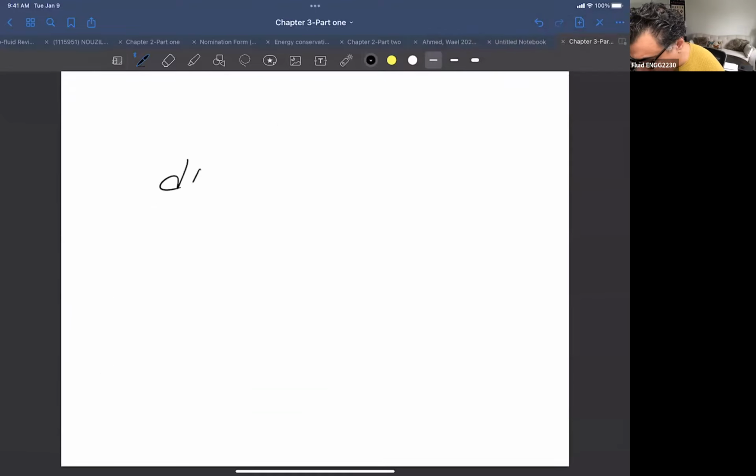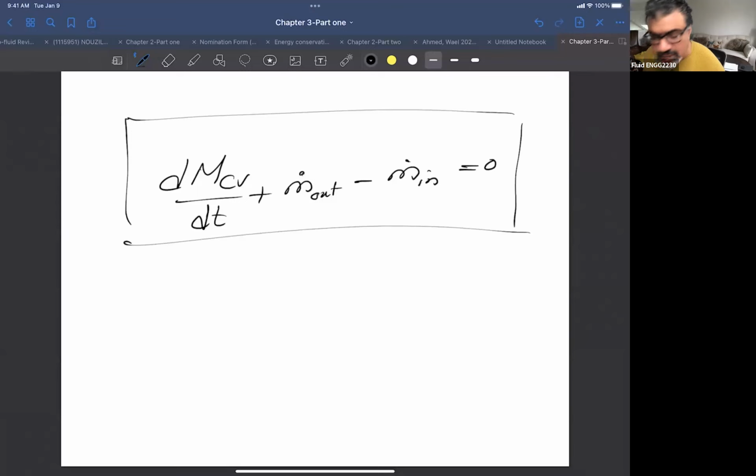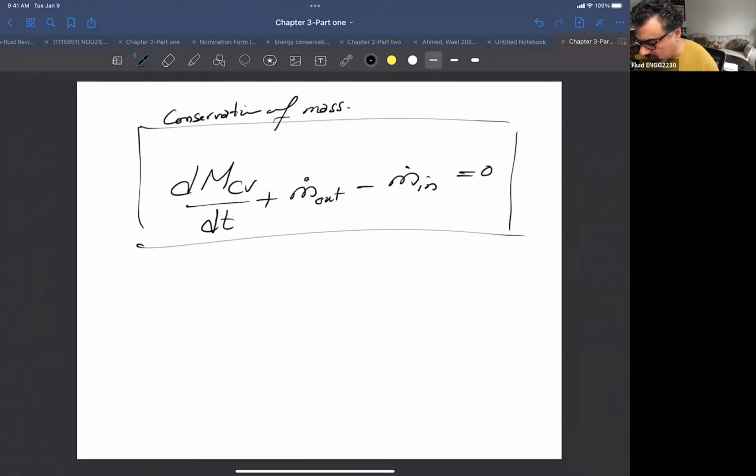So dm of the control volume with respect to t, plus m out minus m in, equals 0. And this is my conservation of mass equation.